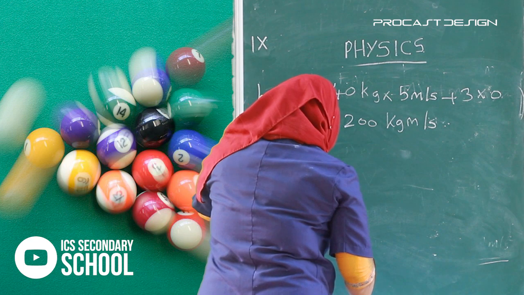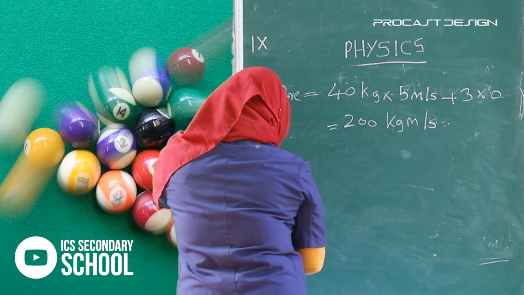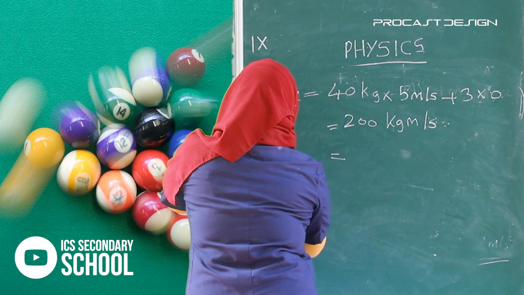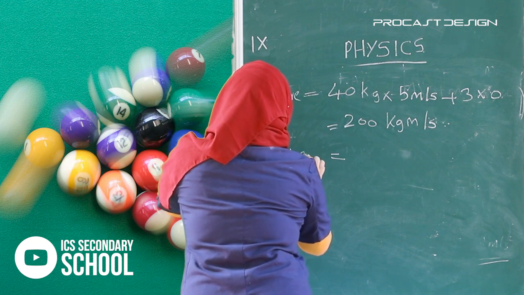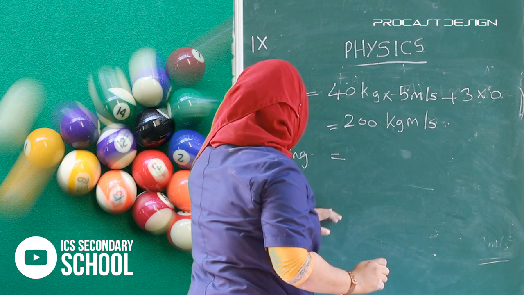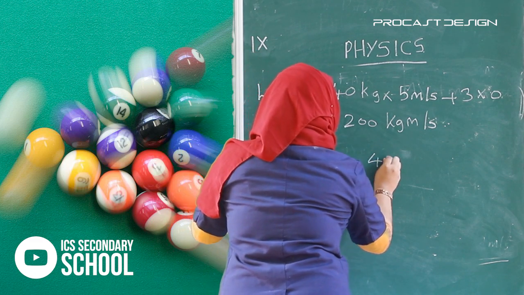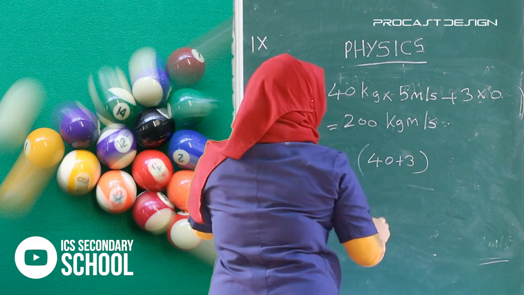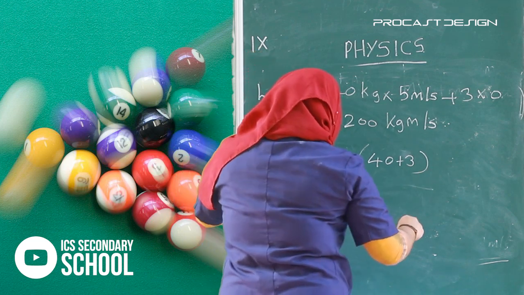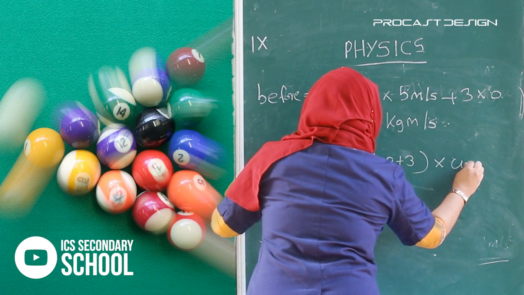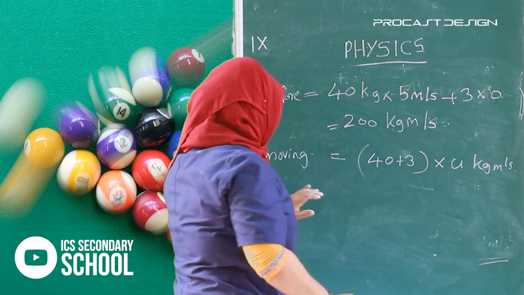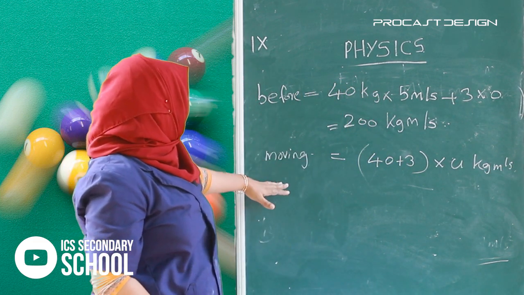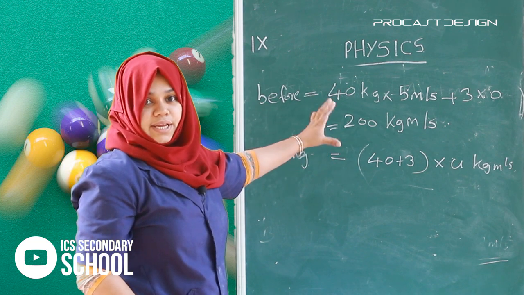Then after, total momentum when we start moving. What is the momentum? Yes, 40 plus 3, there are two masses, 40 plus 3 into u kilogram meter per second. We know that before and after are equal.